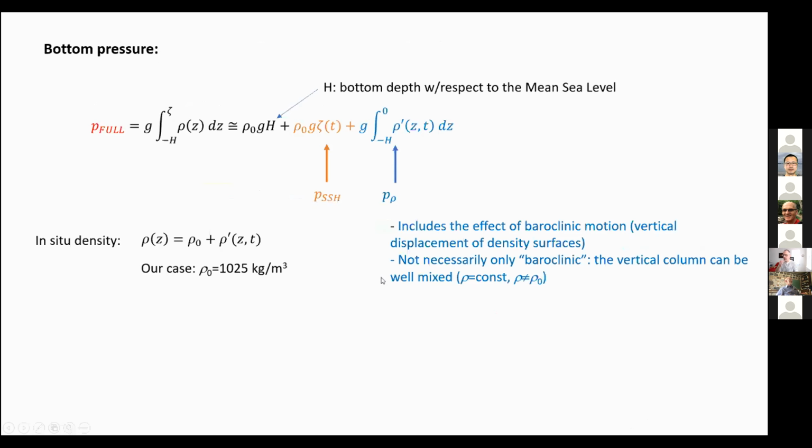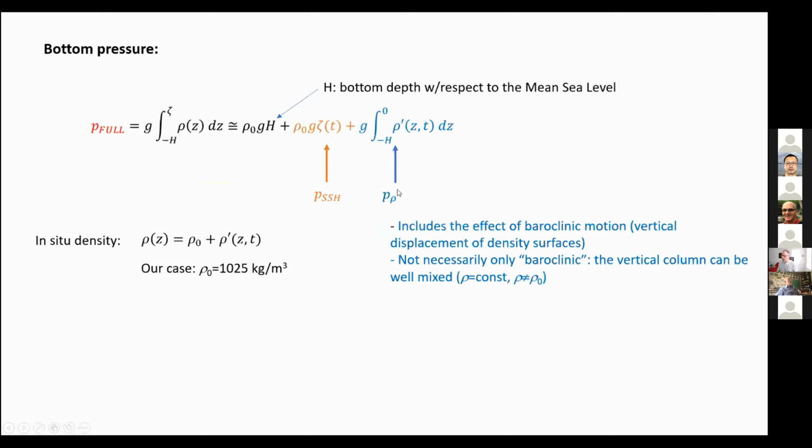So how do we compute bottom pressure from the model fields? We take the in situ density and split it into the reference density and the deviation, which is a fraction of a percent, or about 1% of that number. That splits into the contribution from sea surface height and density.